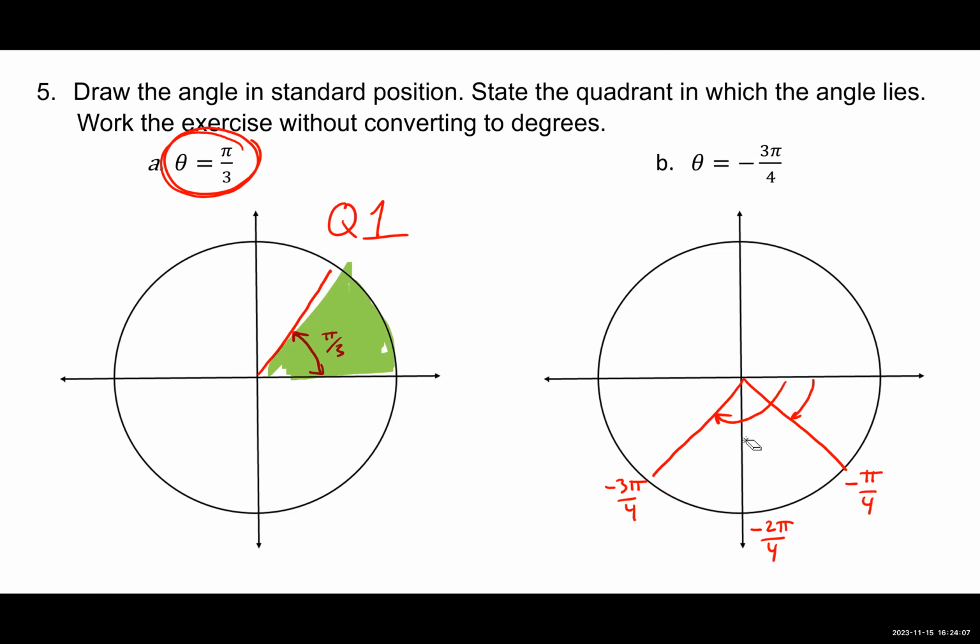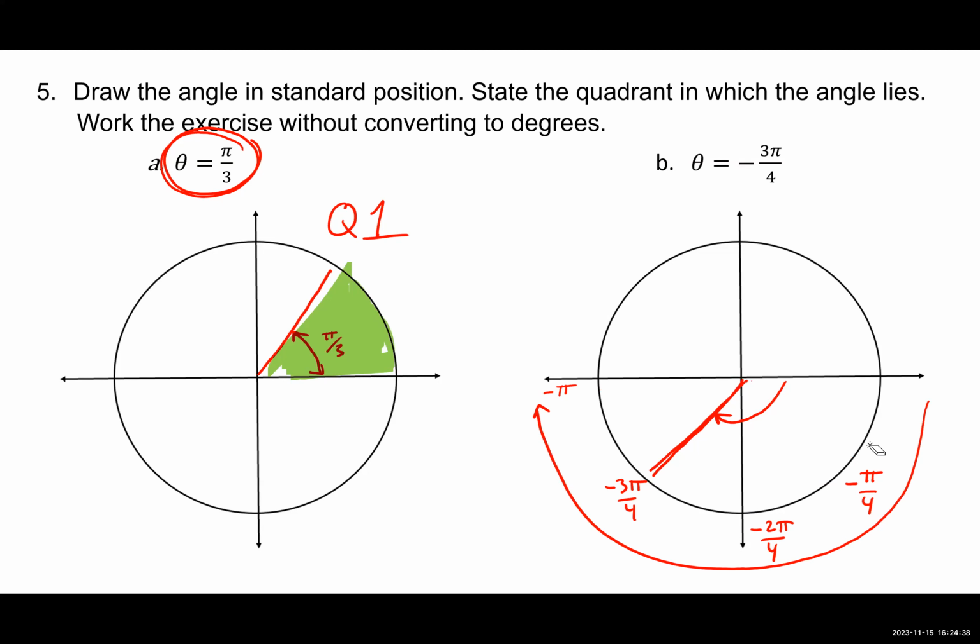So the angle in standard position would be this one right here. This would be -4π/4, which is negative π. All right, so going in the negative direction, -1/4, -2/4, -3/4, -4/4.